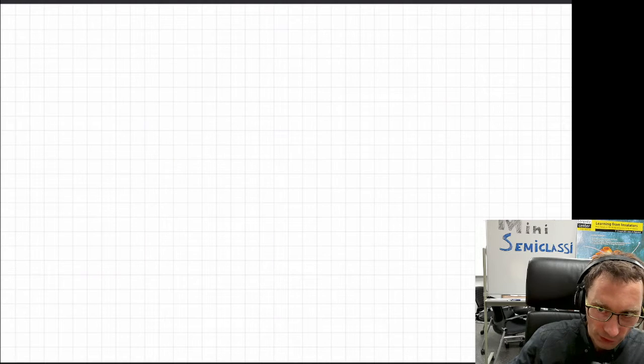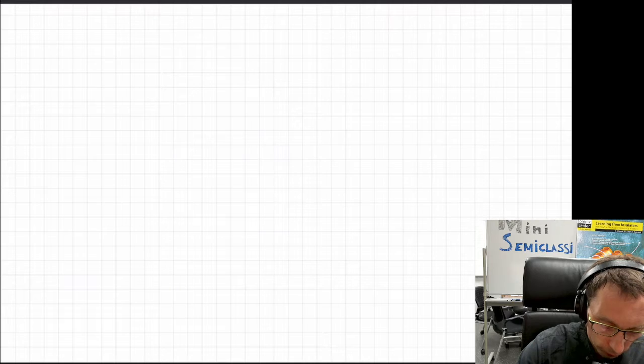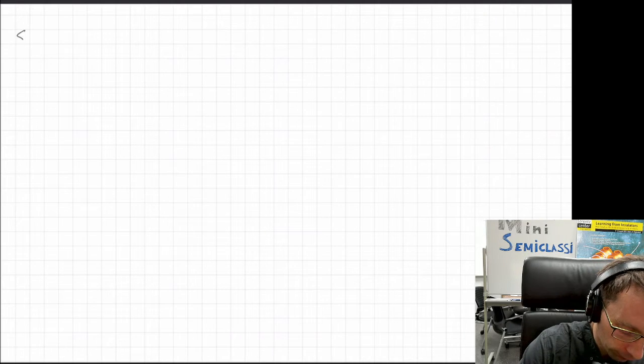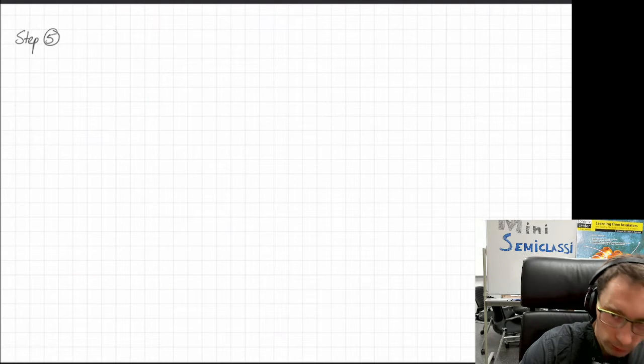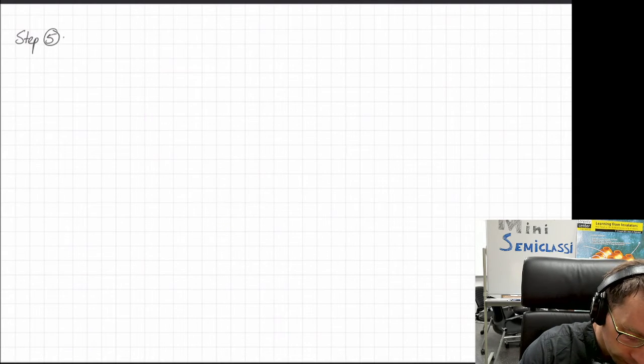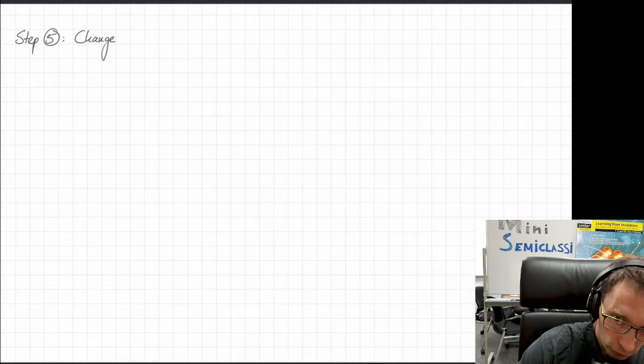So this is the last step, and we're nearing the end of this mini course. And what we have to do now is change to effective coordinates.